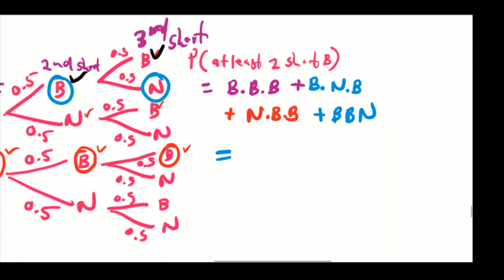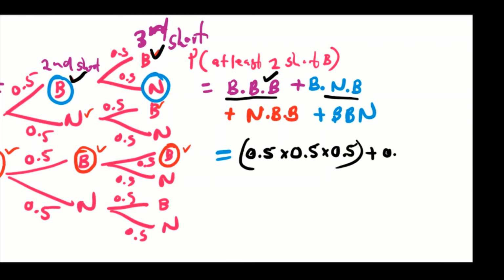So then to find the value of BBB, we know B is equal to 0.5, so it's going to be 0.5 multiplied by 0.5 multiplied by 0.5, right? So for this one, and then plus for this one here would be 0.5 multiplied by 0.5 multiplied by 0.5, right?